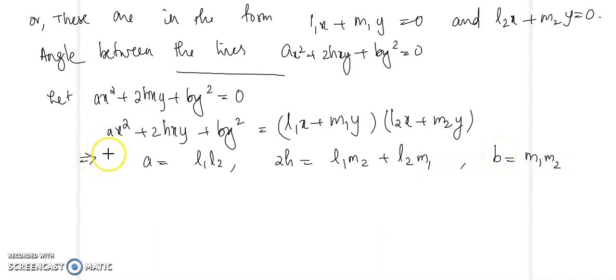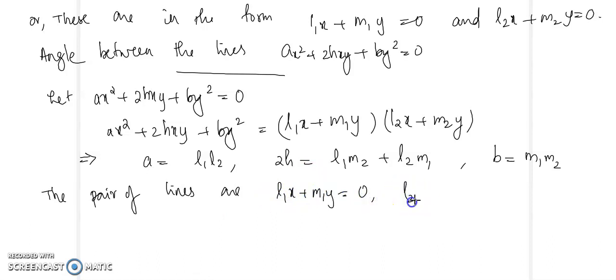And now the pair of lines are L1x plus M1y equal to 0 and L2x plus M2y equal to 0.